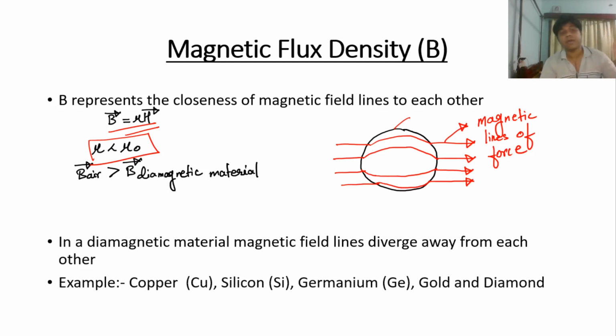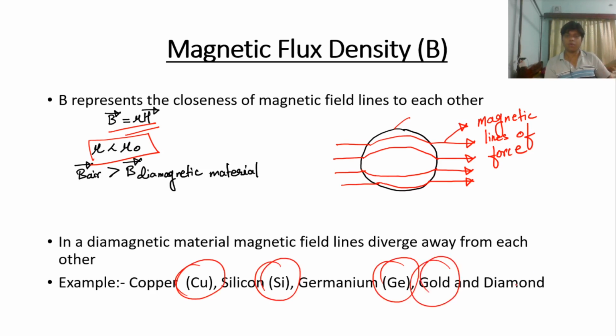Now the best examples of diamagnetic materials are copper, silicon, germanium, gold, and diamond. Is that clear? So that's all about the basic knowledge of the first type of magnetic material, that is diamagnetic materials.